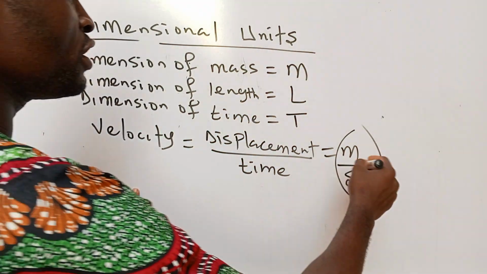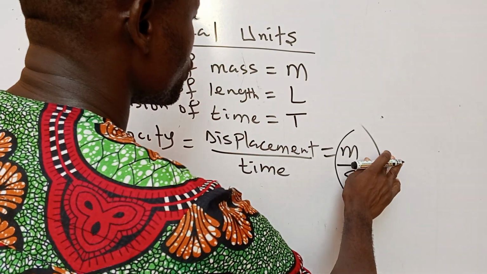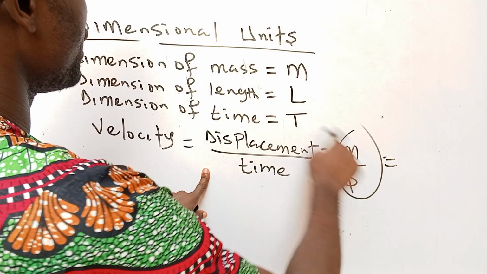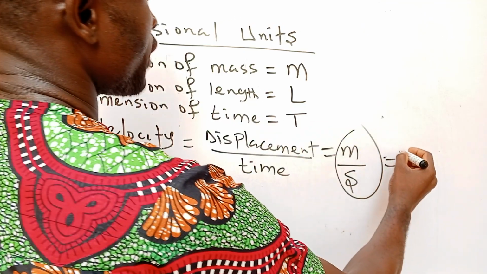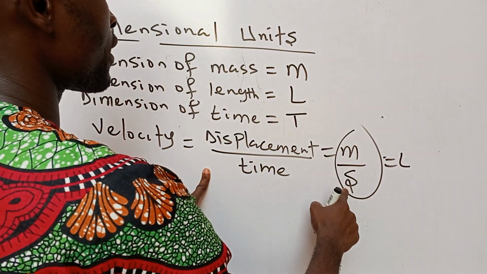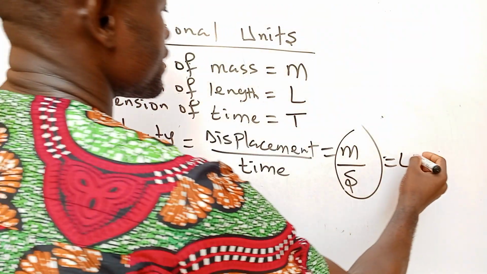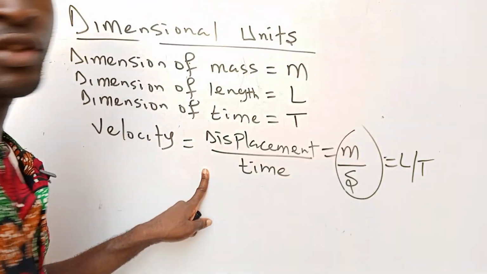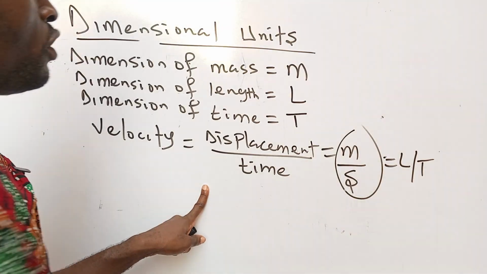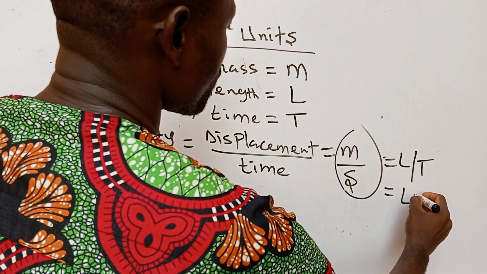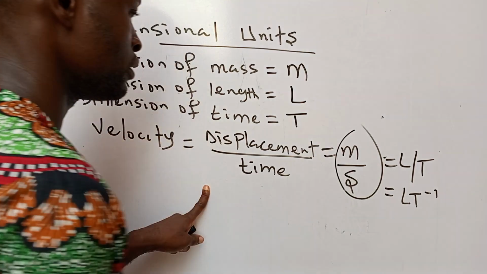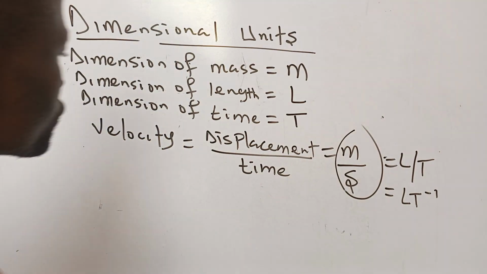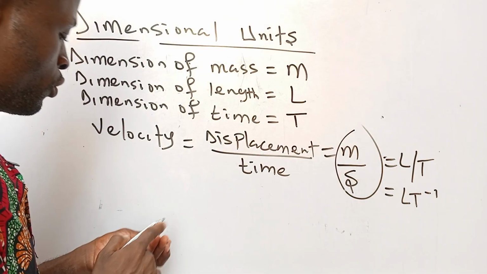The dimensional unit of velocity will now be equal to: anywhere we see meter, which is for length, we write L. Anywhere we see seconds, we write time, which is T. This becomes the dimensional unit of velocity, which sometimes you can write as LT raised to power minus 1. That is the dimensional unit of velocity. So this is what I want you to know.